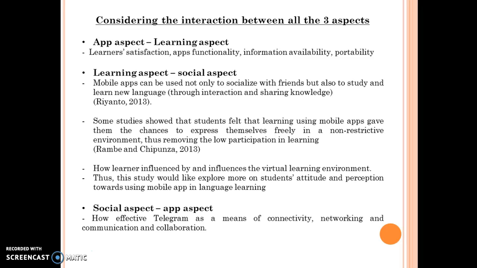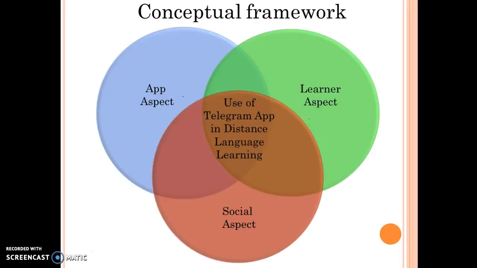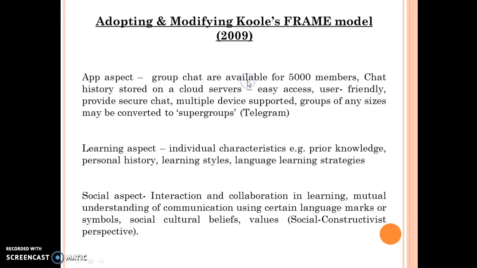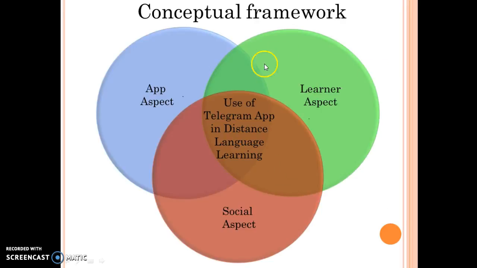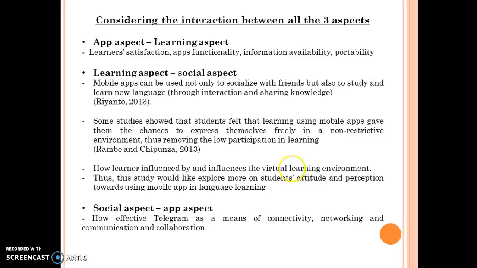If you're familiar with Cole's frame model, we can see that in the middle of these three circles there are three more points, but I didn't put them in my framework. However, I will still consider the interaction between all the three aspects.